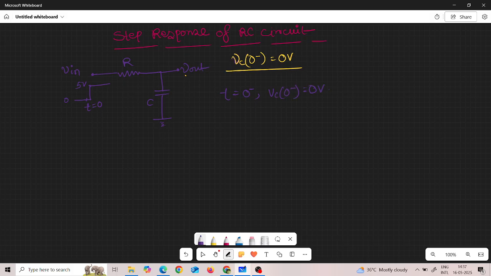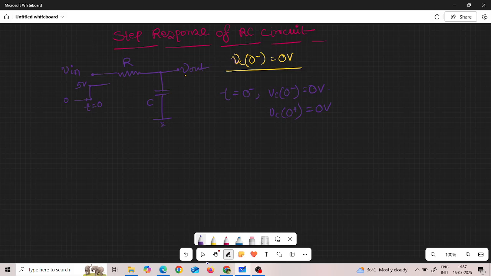Now at t is equal to 0 we are applying a step input in this circuit. So according to the property of the capacitor, that it can't change its voltage instantaneously, at t is equal to 0 plus, what will be the voltage of the capacitor? Still it will be 0 volt, just after crossing this point.